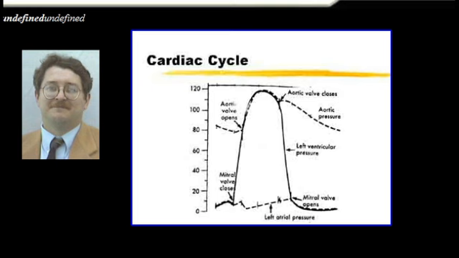During the phase of ventricular filling, there's a gradual rise in ventricular pressure. The lowest curve represents the atrial pressure changes, and you can see that there's a gradual rise in left atrial pressure during ventricular systole.